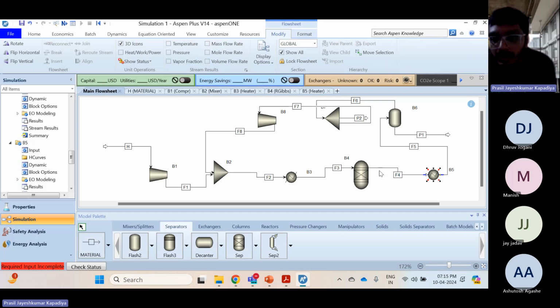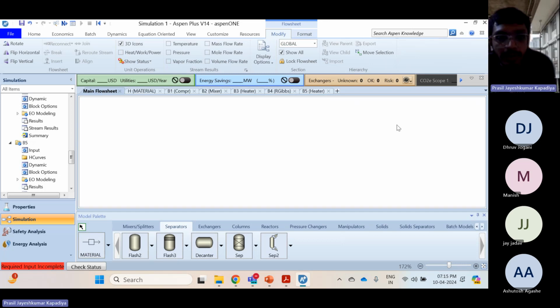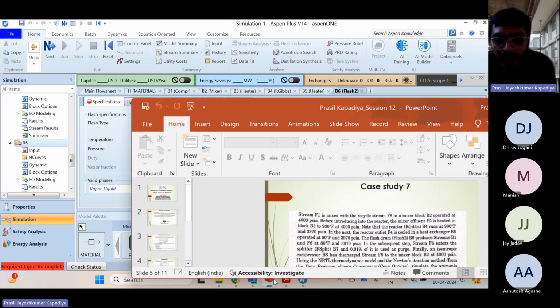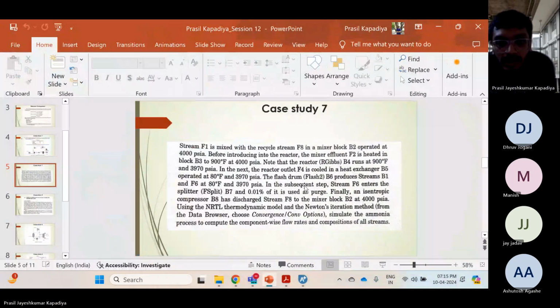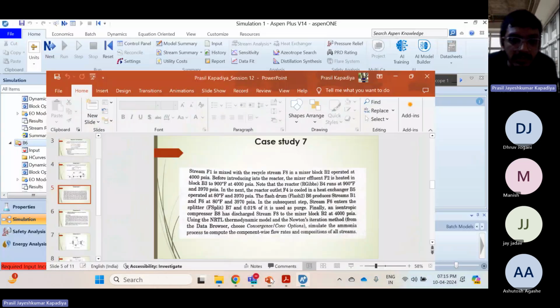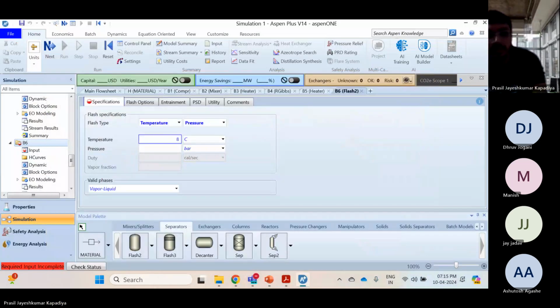Block B5. Then block B6 is a flash drum. I guess it's the same condition: 80 Fahrenheit, 3970 psi.